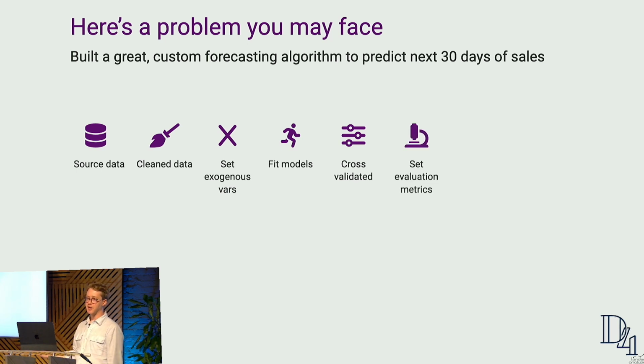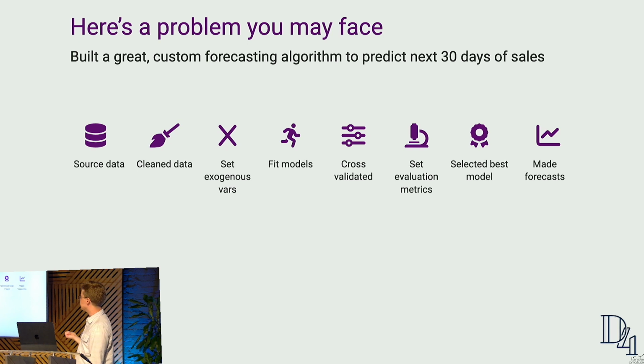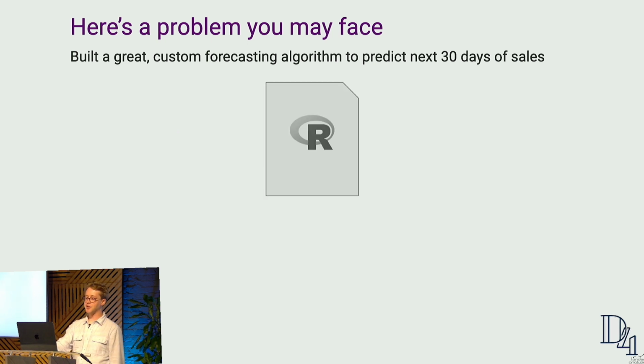Setting your evaluation metrics, RMSE, MAPE. Again, choose whatever you like, given your background and expertise. And then finally selecting that best model and making forecasts from that best model. Nothing unique here. If you know forecasting, this is probably a relatively standard approach to building an algorithm. And perhaps you wrap this all into one .R script or a .Python script.